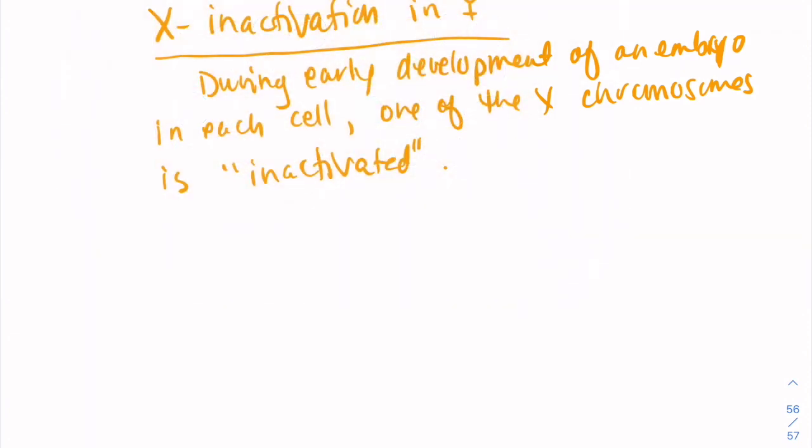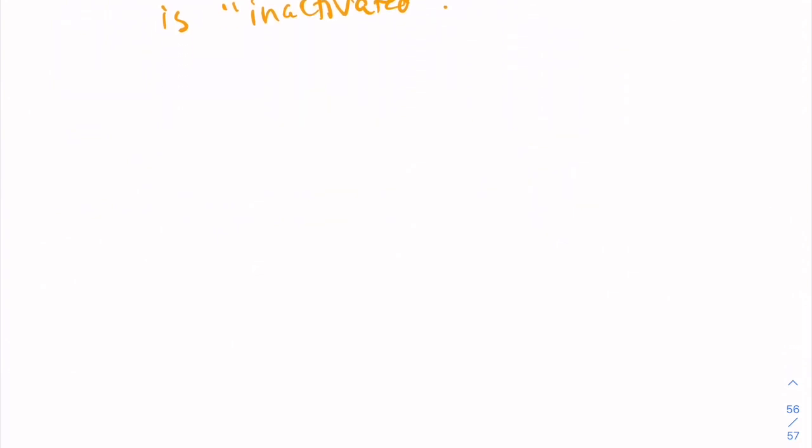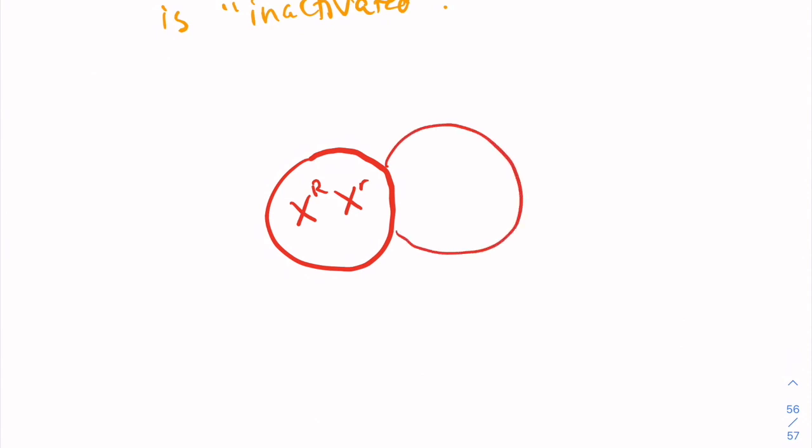Let's go with red. Let's say this was my mother-in-law's fertilized egg, and one of her X chromosomes had a dominant allele and one had a recessive. When this cell divides, it's going to produce two cells with one X chromosome that has a dominant allele and one X chromosome that has a recessive allele.